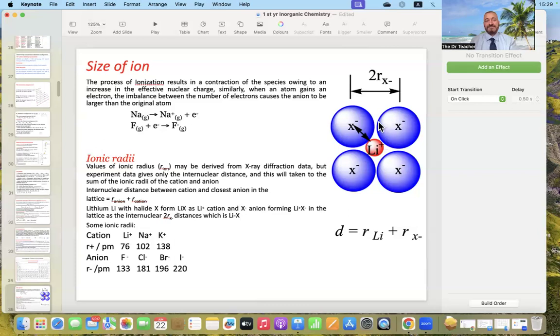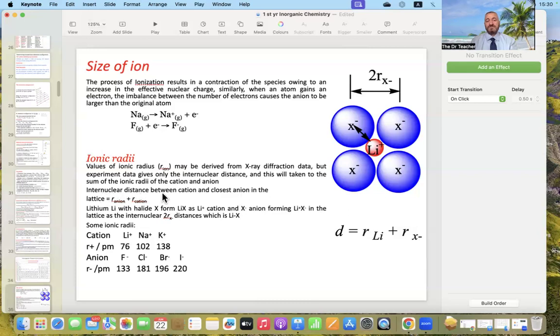And you see here the ionic radii. Values of ionic radii are for ions. The radii between ions may be derived from X-ray diffraction data, but the experimental data gives the internuclear distance, and this is taken to be the sum of the ionic radii of cation and anion.